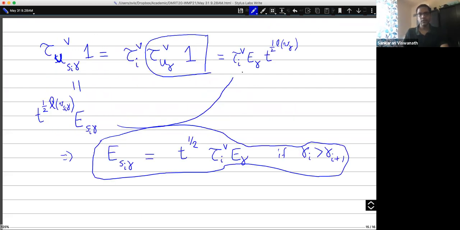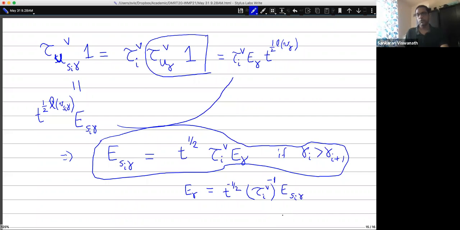So how did we get this? So recall this equation, you can sort of read it in reverse if you want. Think of it as if gamma i is greater than gamma i plus 1, replace. So I can think of it as follows. I run it in reverse, it's t to the minus half tau i check inverse acting on E s_i gamma. And recall what I said at the very beginning, tau i check inverse is actually the same as tau i check, except for a constant in front when you act on a Macdonald polynomial.